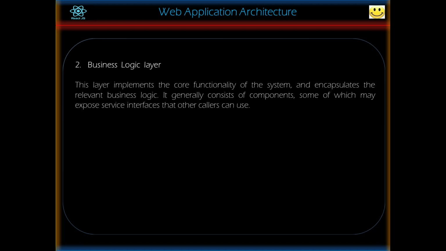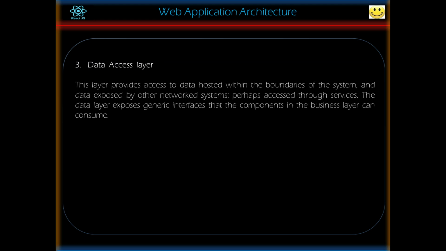Business logic layer. This layer implements the core functionality of the system and encapsulates the relevant business logic. It generally consists of components, some of which may expose service interfaces that other callers can use. Data access layer.